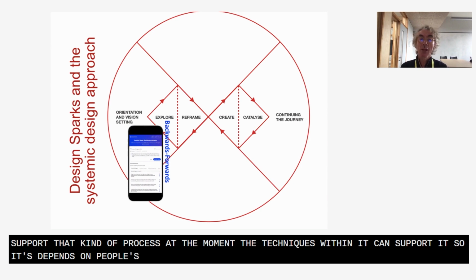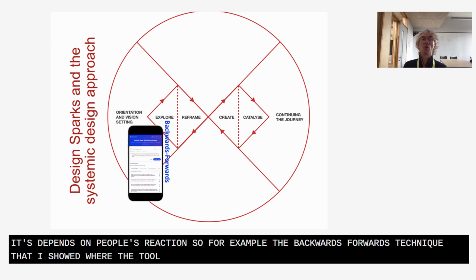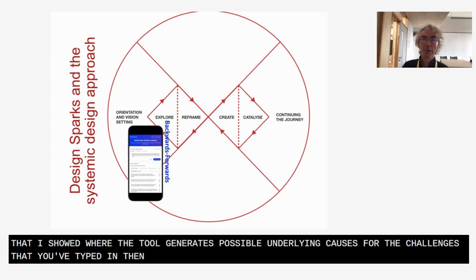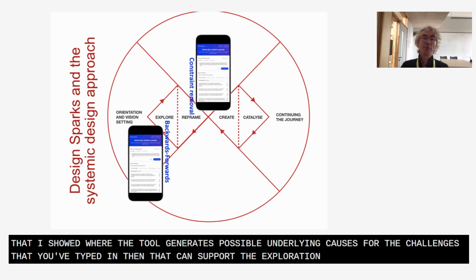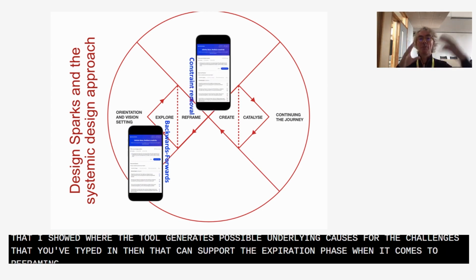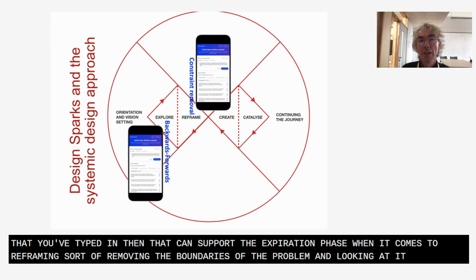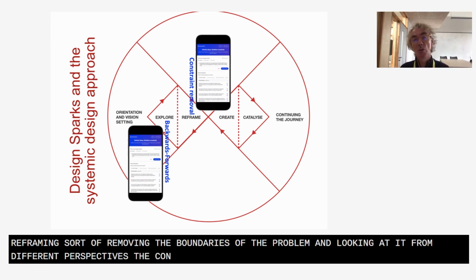So for example, the backwards forwards technique that I showed, where the tool generates possible underlying causes for the challenges that you've typed in, can support the exploration phase. When it comes to reframing, removing the boundaries of the problem and looking at it from different perspectives, the constraint removal technique that you saw in one of the tabs is also available to do that.